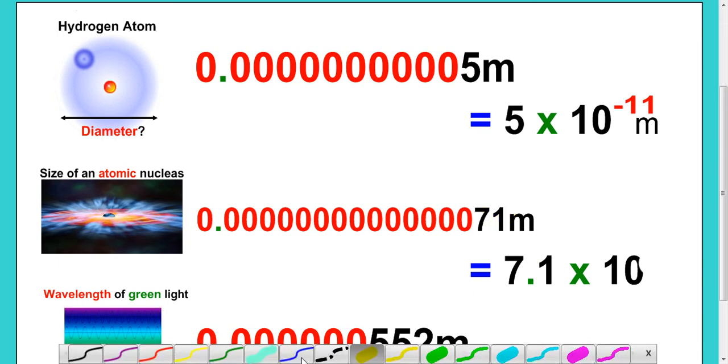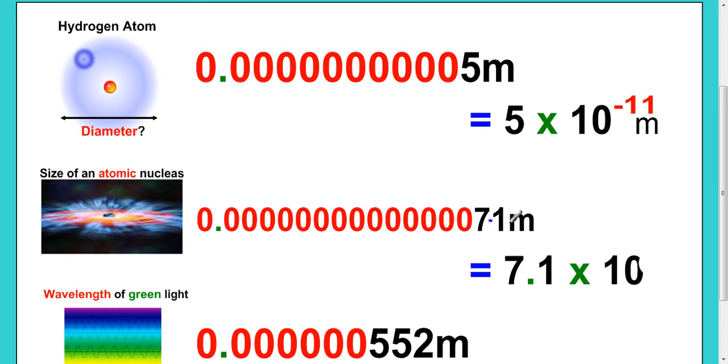Right, so let's put the decimal point in here, between the 7 and the 1, and we have to count how many jumps it has to go back to get to here. 1, 2, 3, 4, 5, 6, 7, 8, 9, 10, 11, 12, 13, 14, 15. So 15 jumps backwards, so negative 15.